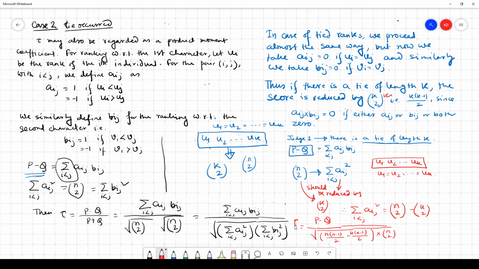So please tell me, is it okay, or do you still have a doubt? Please tell me. No problem, I can explain. Everything is the same, just this portion is changed, because this is not nC2, this should be reduced by kC2. So now this should be nC2 minus kC2.